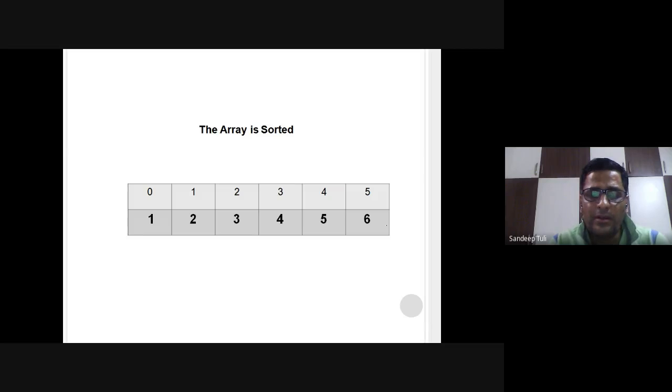And in this way we will get two different arrays, and we will perform the same thing on the two sub arrays individually, one by one.